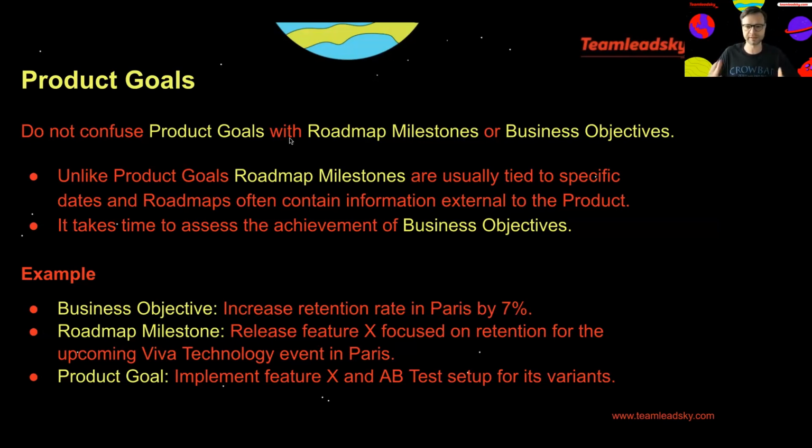and have that as your product goal. Because in this case, the product team can complete their work, move on and focus on other goals, and they don't have to wait until you release the feature, start the A/B test, complete the A/B test, analyze the outcomes, and then assess whether you have reached this 7% increase or not.